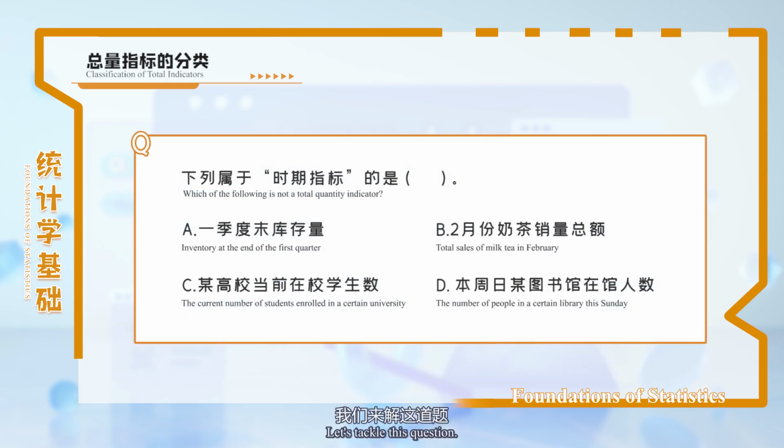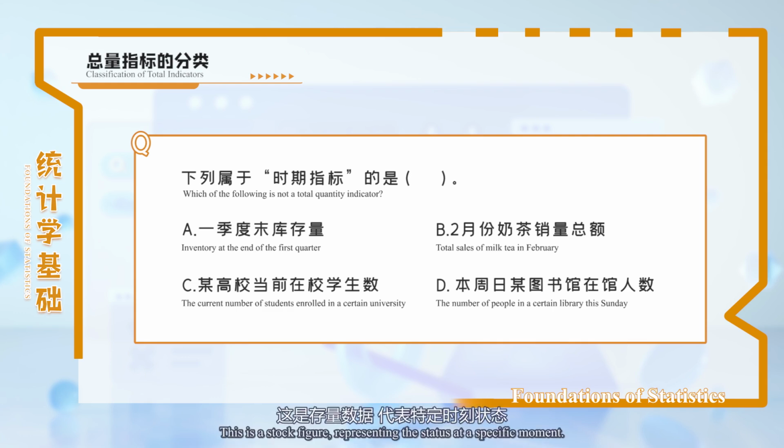Let's tackle this question. The task is to find which one is a period indicator. First, let's recall the difference. The period indicator reflects the total accumulated over a period of time, whereas a point-in-time indicator shows the state at a specific moment. Let's analyze each option. Option A, inventory at the end of the first quarter.